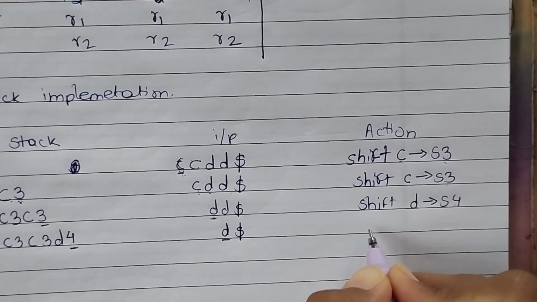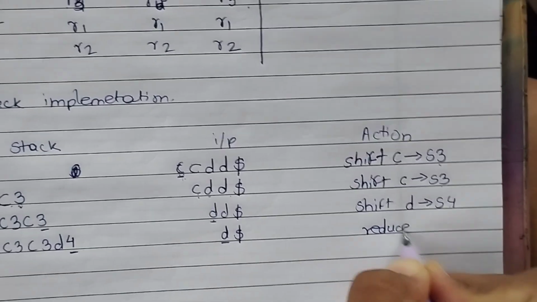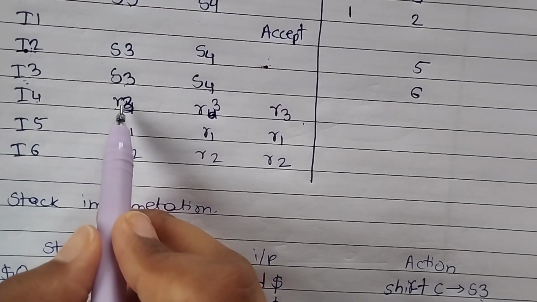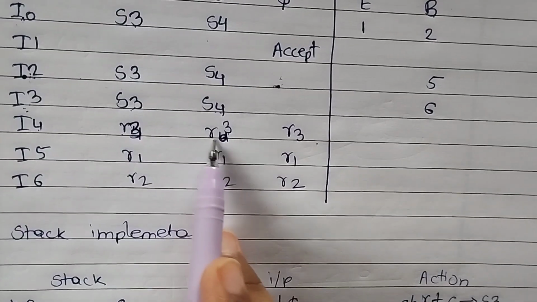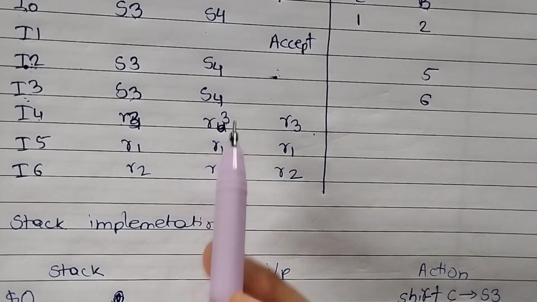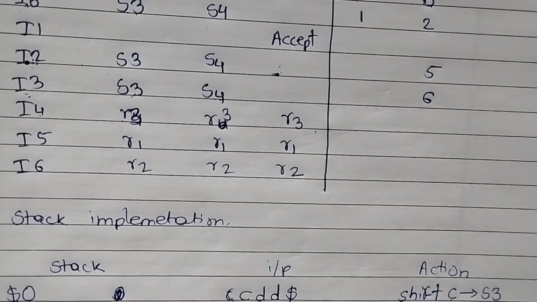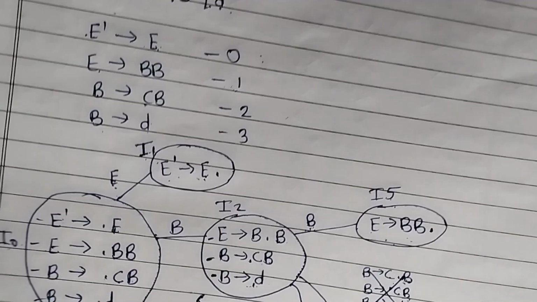So the action is reduce. How do we reduce? I4 and D is R3. Reduce R3, but which 3? In our grammar, see where the 3 is present.